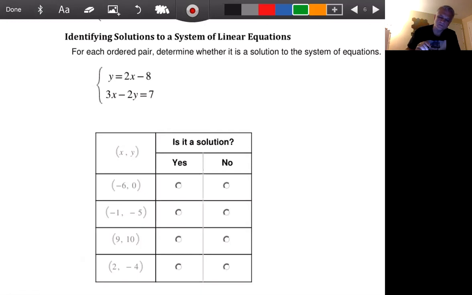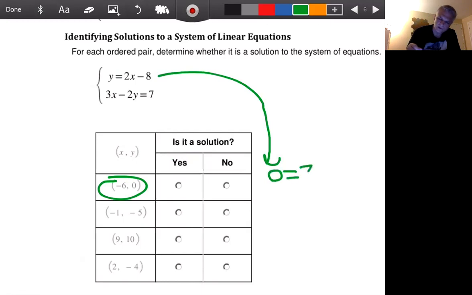Okay, so let's look here. Negative 6, 0. Yes or no, is it a solution? Well, let's try it. Let's go with the first equation here. So negative 6, 0. That means that 0 would be the y, negative 6 would be the x. Does this work?